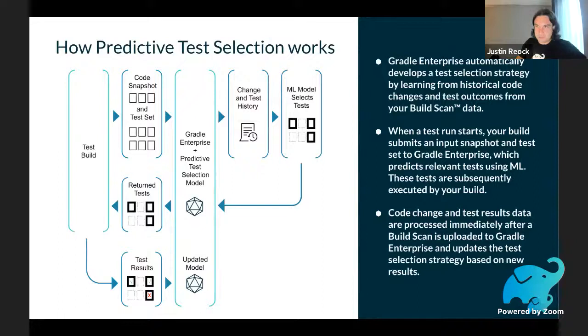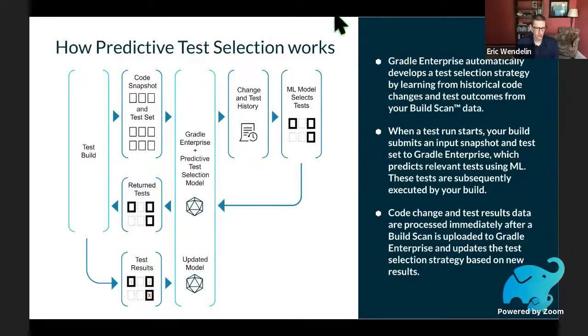How's the machine learning model trained? So we start with a base XGBoost model, which is trained on over 10 million test executions from over a year's worth of partner data from dozens of different projects, and not just any projects. Our data partners are software teams whose products you use on a daily basis.